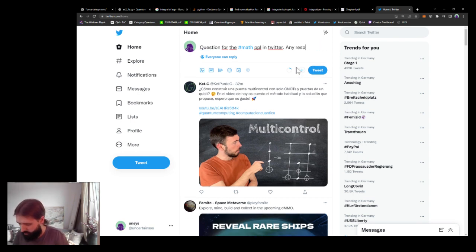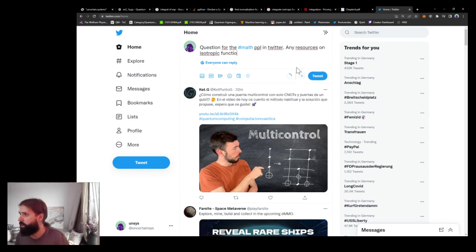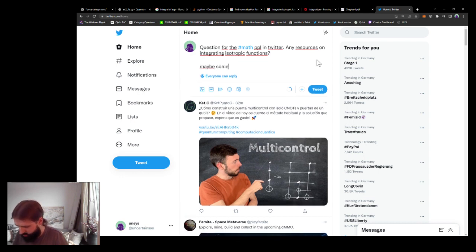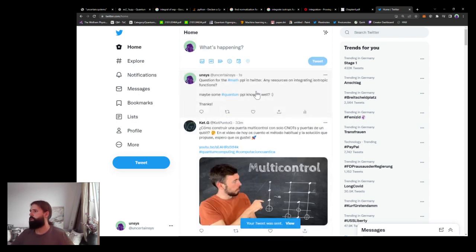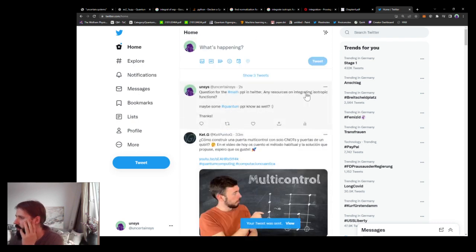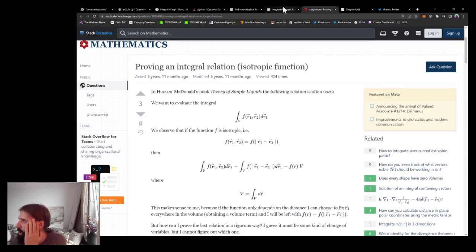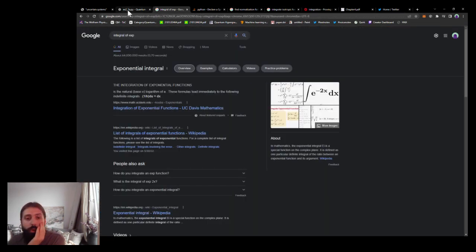Or any exercise on isotropic functions? I mean, that would be great. People know as well. Any research on integrating isotropic functions? That would be interesting, because I think I'm very close to these. Very close to these.